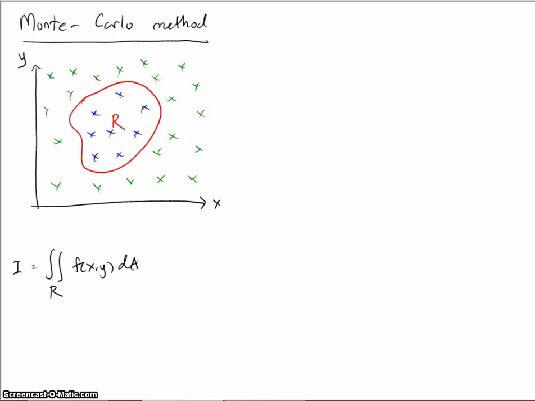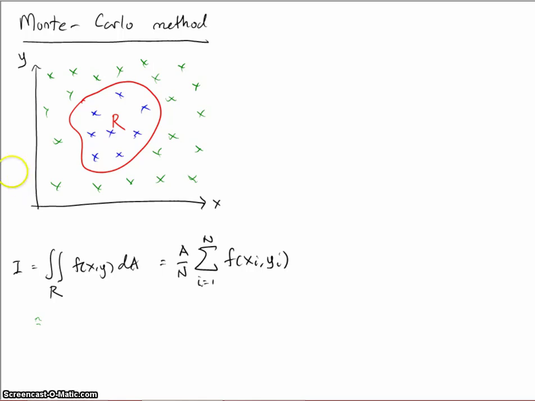In order for us to find the value of this numerical integration, we have to run a summation from i equals 1 to n of f of x_i, y_i. Next, we multiply this summation by the area that we estimated based on the percentage of points within the integration domain, and we divide it by n.